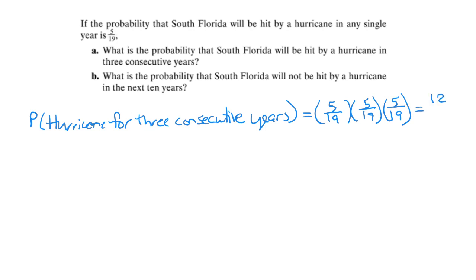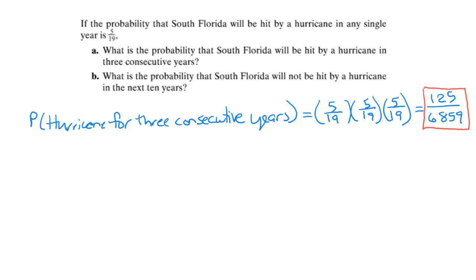And the calculation for this should give us 125 divided by 6,859. So this would be the probability of South Florida having a hurricane for 3 consecutive years.